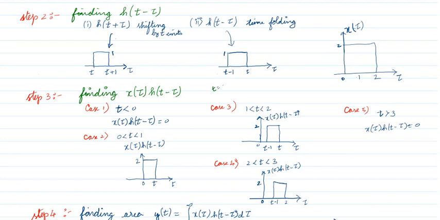So what happens to the limit? The time ranges from minus 2 to minus 1. Now if we compare, this is from 0 to 2, this is from minus 2 to minus 1. Is there any common part between these two? There is nothing common, right? So the answer is 0. Okay, next.